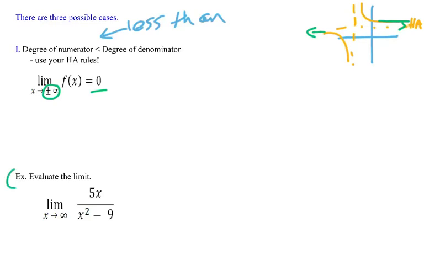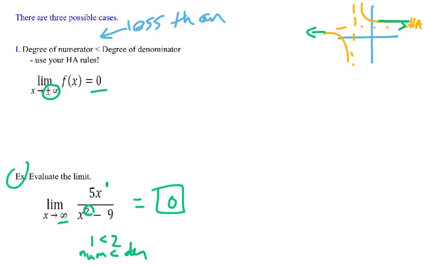So example down here, evaluate the limit. Well, if you have the limit going to positive infinity, I see the degree in my numerator is 1. The degree in my denominator is a 2. Well, 1 is less than 2, so that means that my numerator degree is less than the denominator degree. No calculation has to be made. My answer is automatically 0. All right? That's it. That's all we have to do.